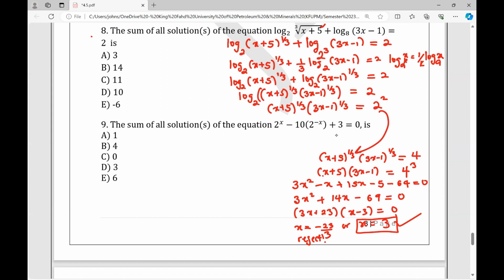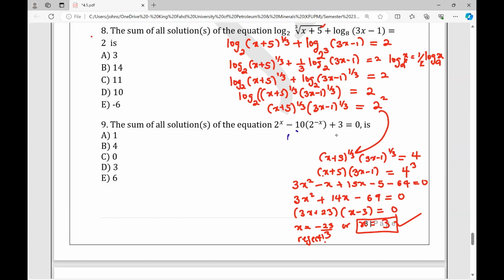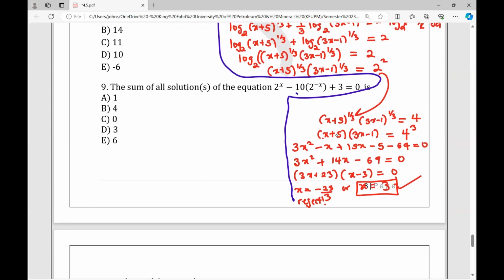So now number 9. Let's see if I can have sufficient space for that. Now number 9 is similar to what we've done before, but we have 2^x minus 10 to the power 2 minus x plus 3 equals 0.